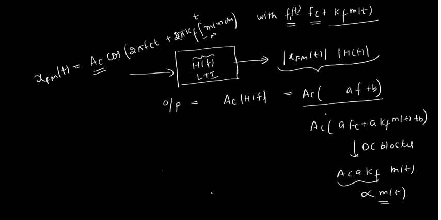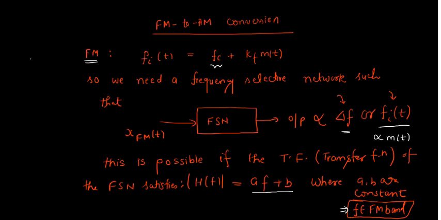We are interested in the magnitude of the output of this LTI system, which will satisfy this property. So, the magnitude is only A_c. The output of this system will be A_c into |H(f)|, and |H(f)| we have said will satisfy this property.